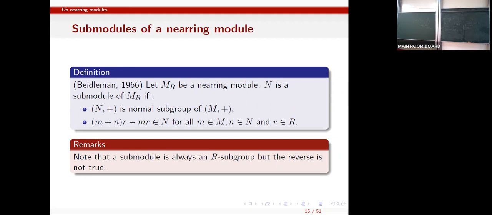If you take the example of a vector space, a submodule coincides with an R-subgroup. They are the same, but since we are omitting one distributive law, we have to separate them. For example, if we take M equal to 0, we find that it holds.